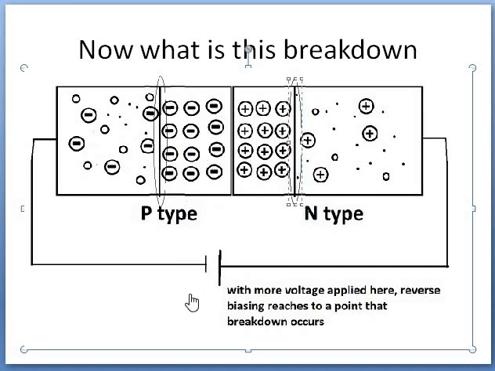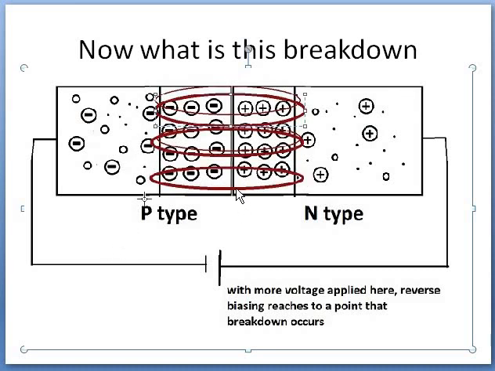As we keep on increasing the voltage applied here, it's increasing. Electric charge is present here in the barrier potential. This charge becomes strong enough as we keep on increasing the voltage, it's becoming dominating and powerful.